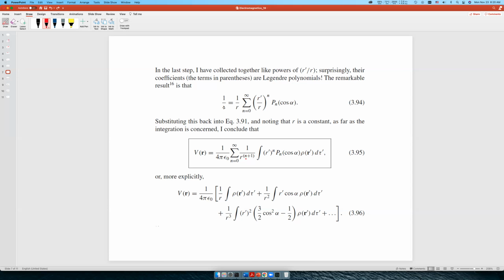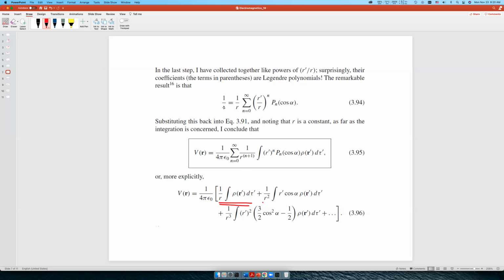For example, when n is 0, that term indicates the potential term here. If you look at this term, what's that? 1 over 4 pi epsilon 0 times 1 over r, then a charge integral. This term is just the potential for a point charge.